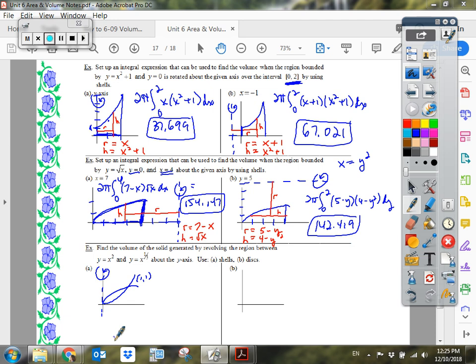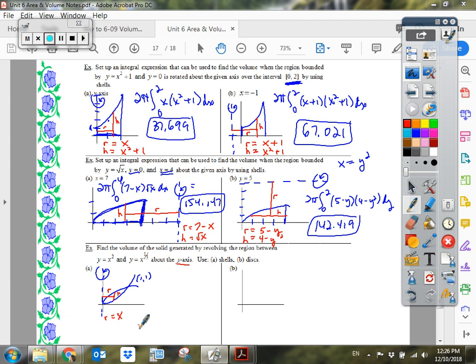So let's calculate r and h. R is the distance from the axis of rotation inside the figure. H is the distance from the top of the figure to the bottom of the figure, measured parallel to the axis of rotation. Since I'm rotating about the y-axis, r is going to be x, period.